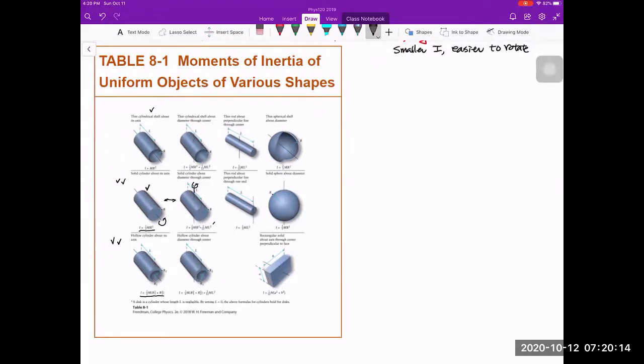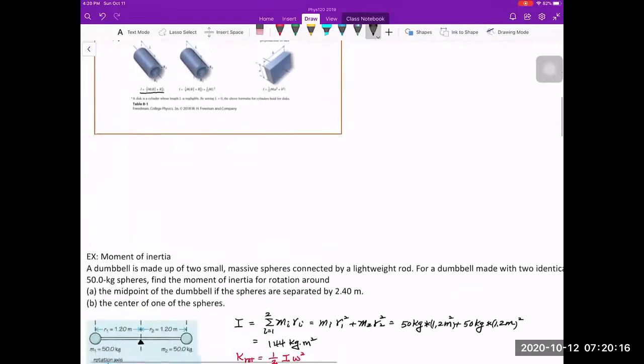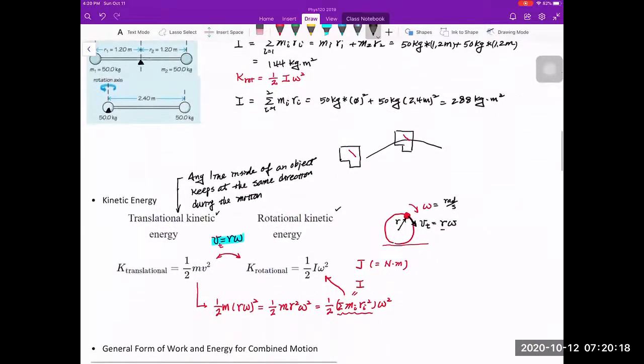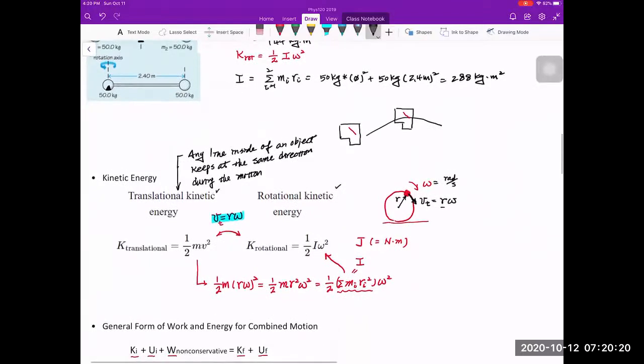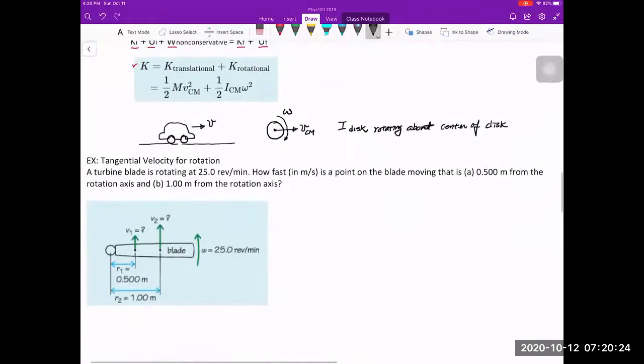And then you simply use this equation to find out. So this I will be 1/2 mr squared. The m is going to be the total mass, and the r is the distance from here to here. So that will be your r.